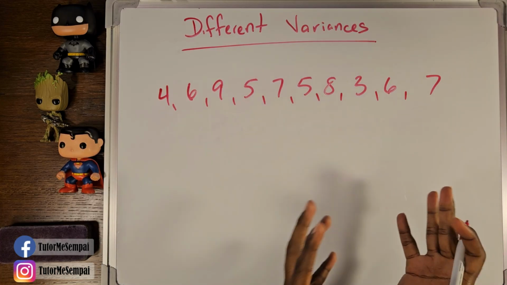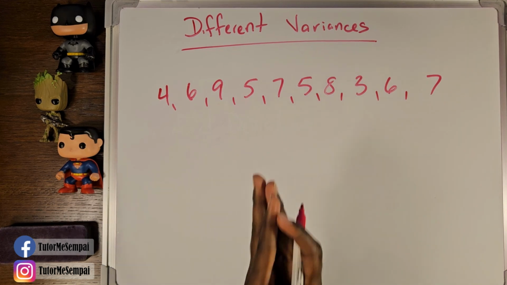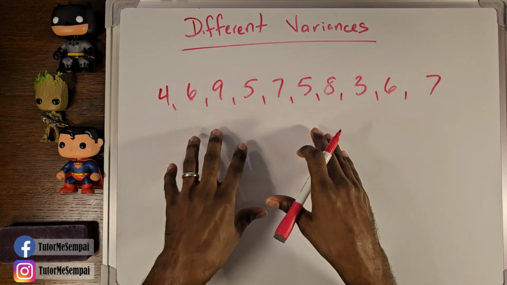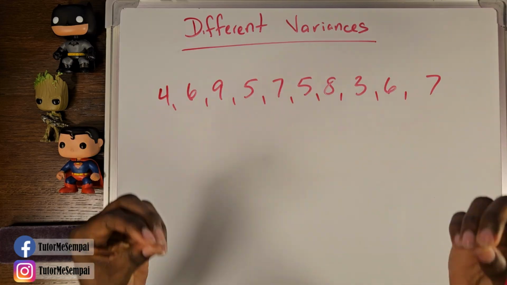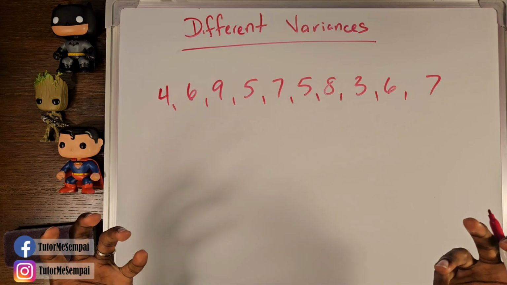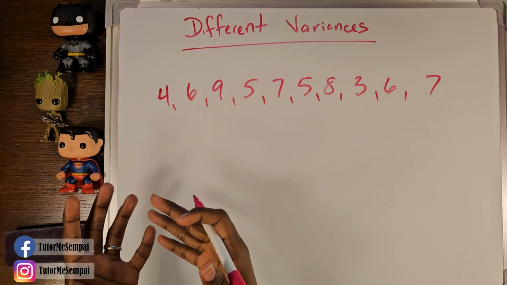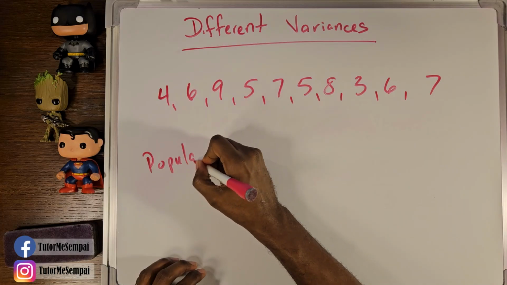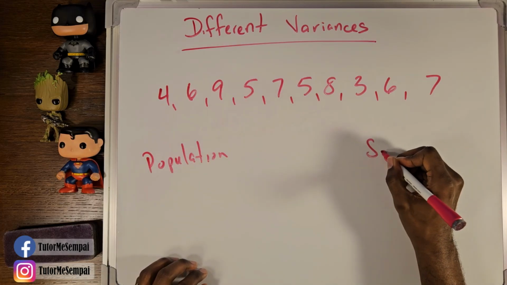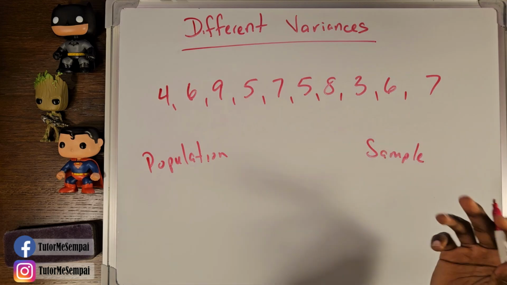However, before you find your variance, there's one thing you have to ask yourself about this list of numbers: what do these numbers represent? For variances, you can either have a population or a sample. They're very, very different things. Population or a sample. Now, what's the difference between them?